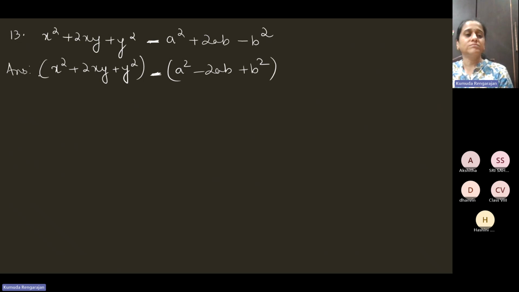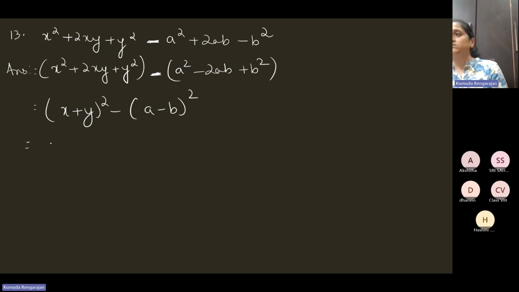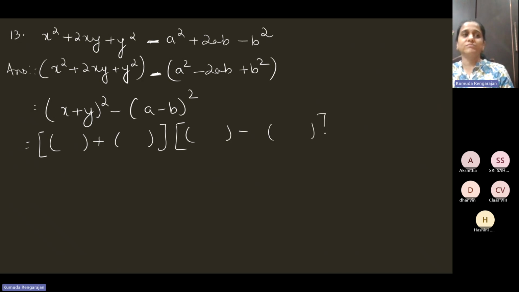Yeah, next. X plus y the whole squared minus a minus b the whole squared. And now a squared minus b squared. You have to put two brackets. Correct. Plus b into a minus b.